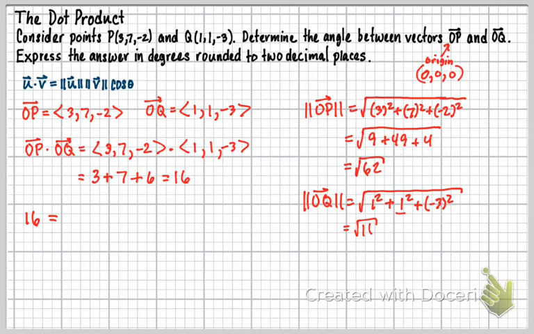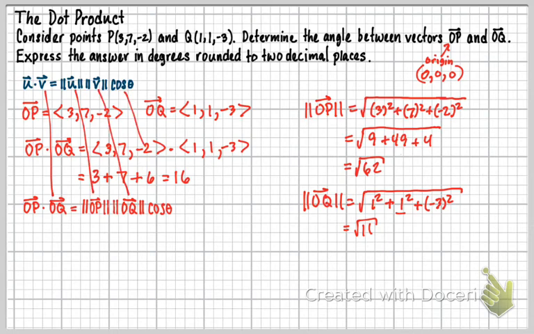I'm going to write the formula out first so that you can see where everything's going. My first vector here was my U, my OP, and my second vector is my V, my OQ, and my cosine theta here. So you kind of see how it's all set up.